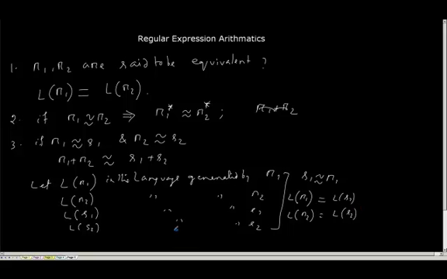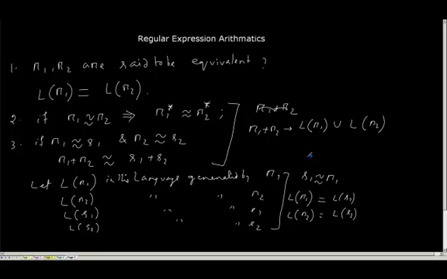Now, I have already told you what R1 plus R2 is in terms of language. It generates the language L of R1 union L of R2.